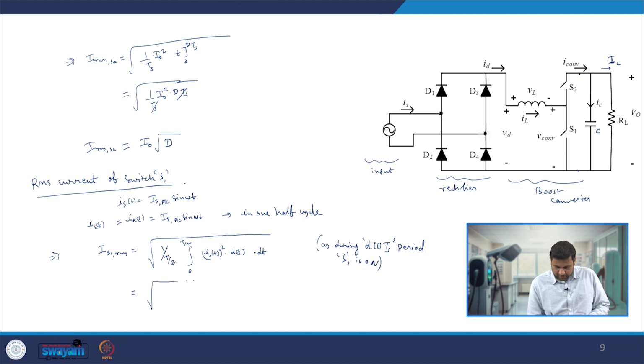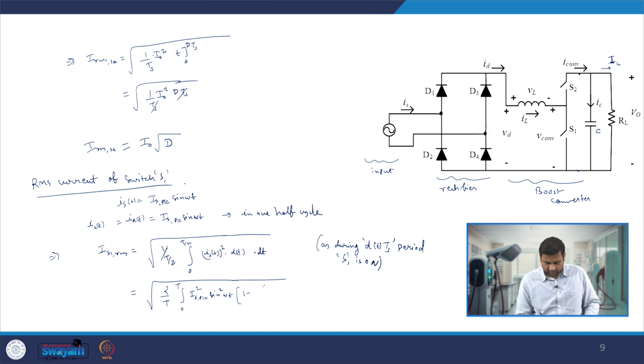We then put in the values: 2 by T, 0 to T by 2, Is peak square sine square omega t dt, where d of t is 1 minus modulus of Vs peak sine omega t divided by V naught, and this is integrated over 0 to T by 2.